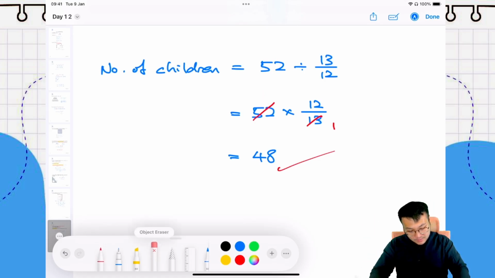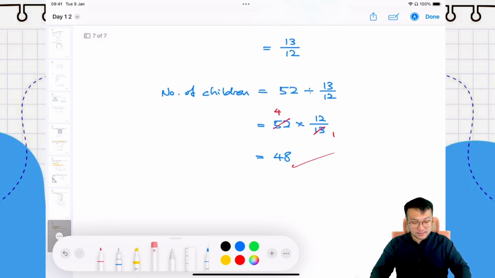Okay, let me explain. Is 52 a fraction? It can be. So you see numerator and denominator, you can simplify, correct or not? But how about this numerator, how about this? This also numerator, right, Jensen? So can you simplify? Cannot simplify, right or not, Jensen? Yes. Okay. So it is 4 times 12, 48.